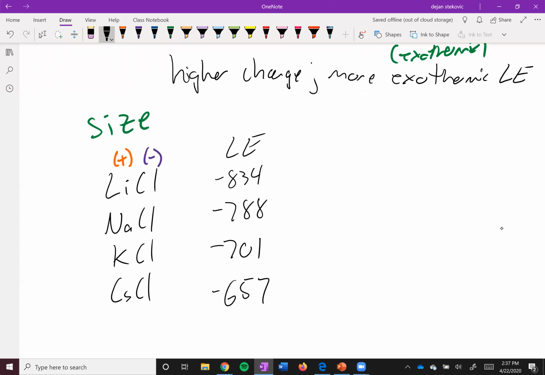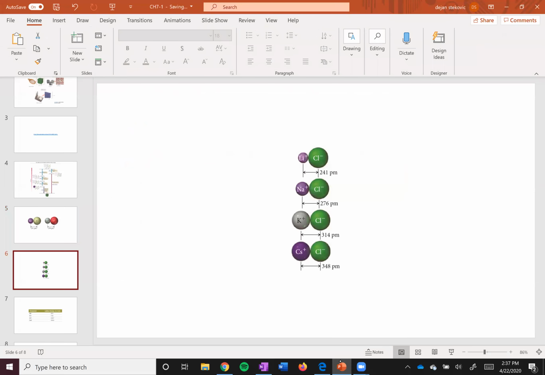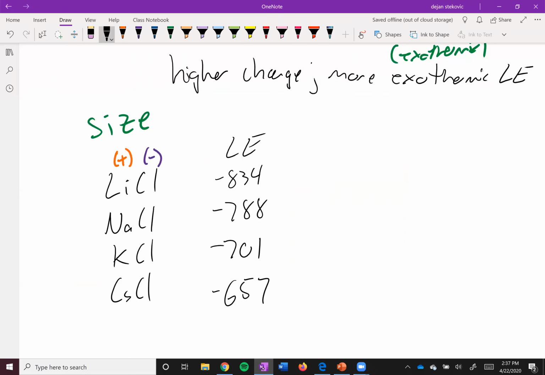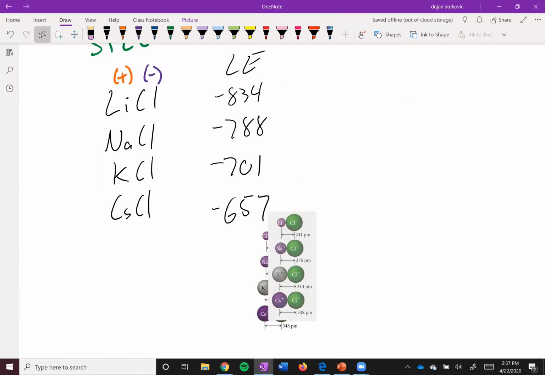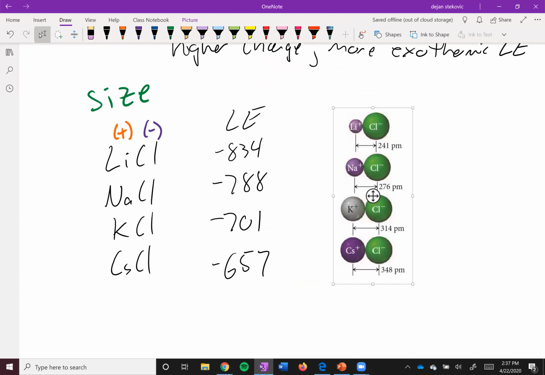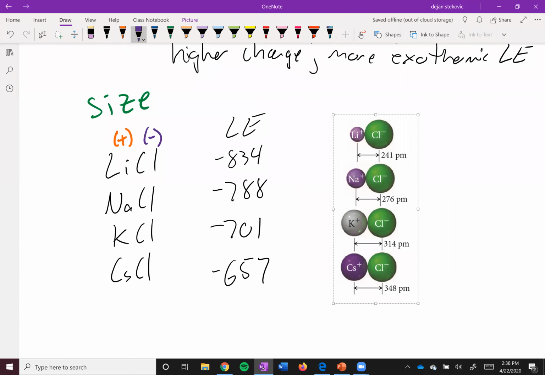So think about what's occurring as we go up the periodic table here, essentially. I got a little picture for you here. We can see that as we go up this row, the radius becomes smaller.